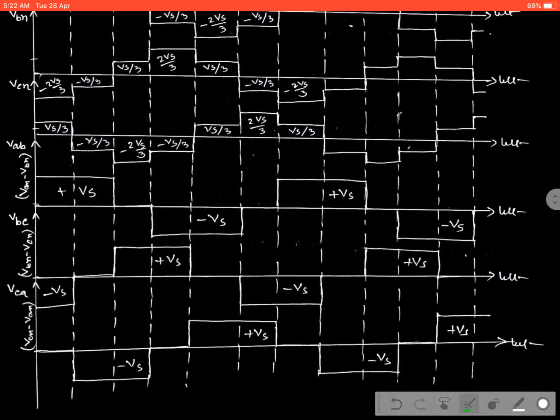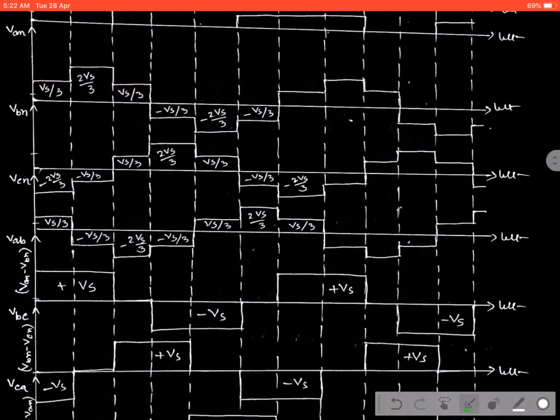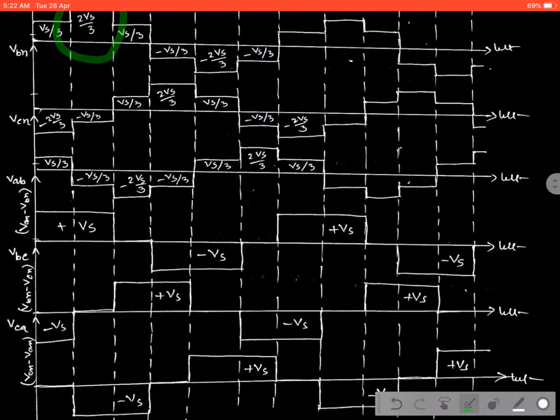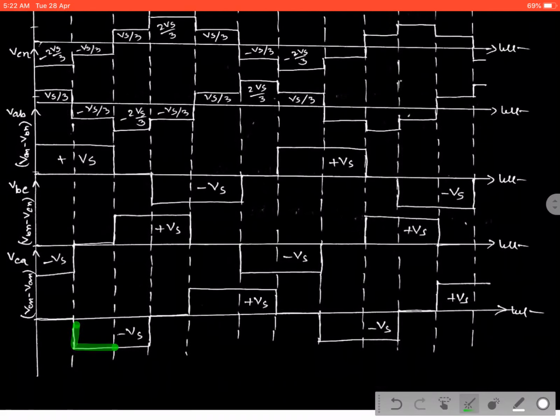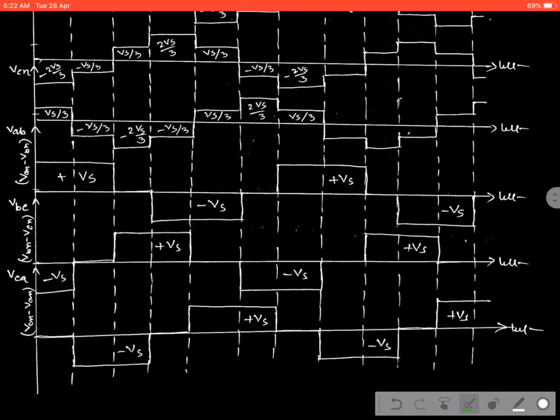Now see the waveform, the difference is 0. A similar thing happens for the next case, that is minus Vs by 3 minus 2 Vs by 3. That will give you minus Vs. So in this way again we can form all the other pulses for the voltage VCA, that is the difference between VCN and VAN.